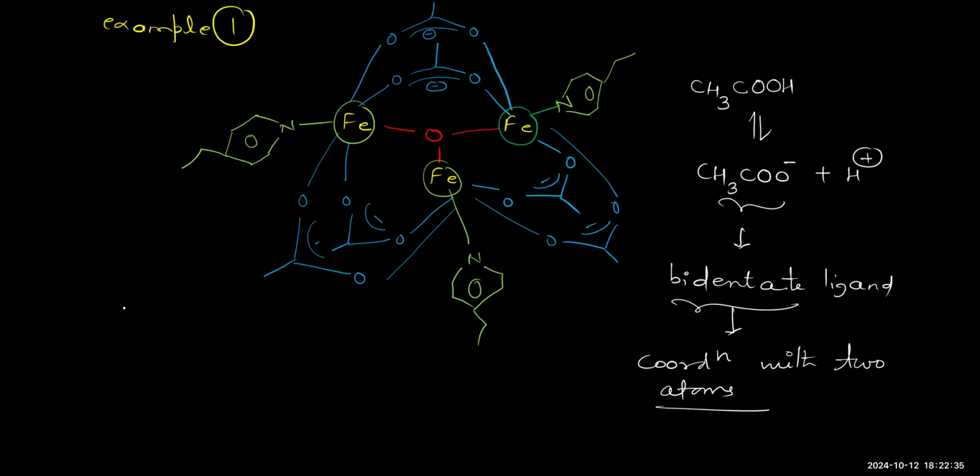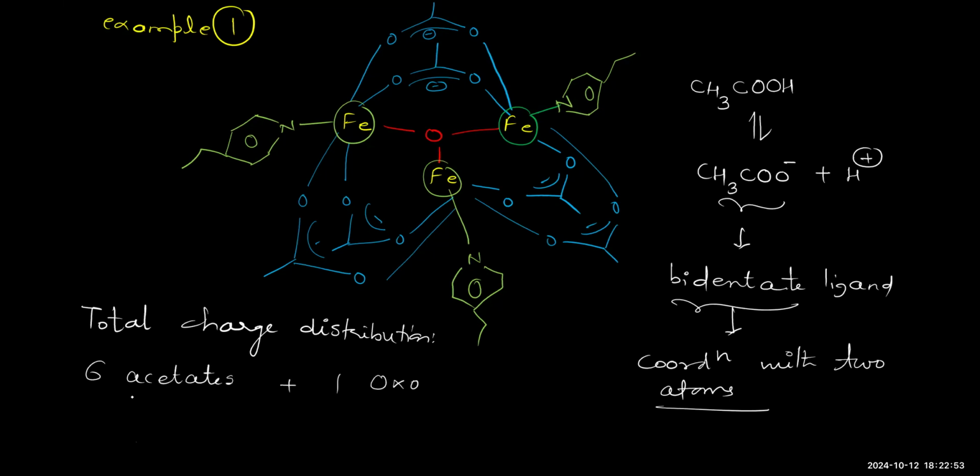Now let's talk about the total charge distribution. If we count that there are six acetates plus one oxo, one acetate gives one minus, one oxo will give you minus two, total is minus 8, right? And we have three iron centers, and if we have to distribute that into minus 8, it would come across 2 iron 3 and 1 iron 2, so that it would become 6 and this would become 2 positive.